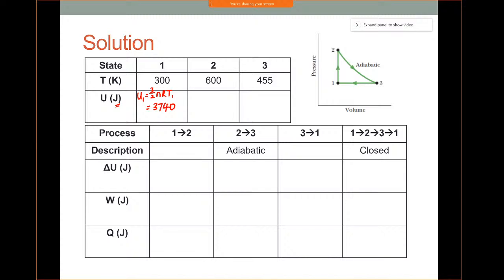So can you do the same for U2 and U3? And you tell me the answer in the chat. What is the value of U2 and what is the value of U3?